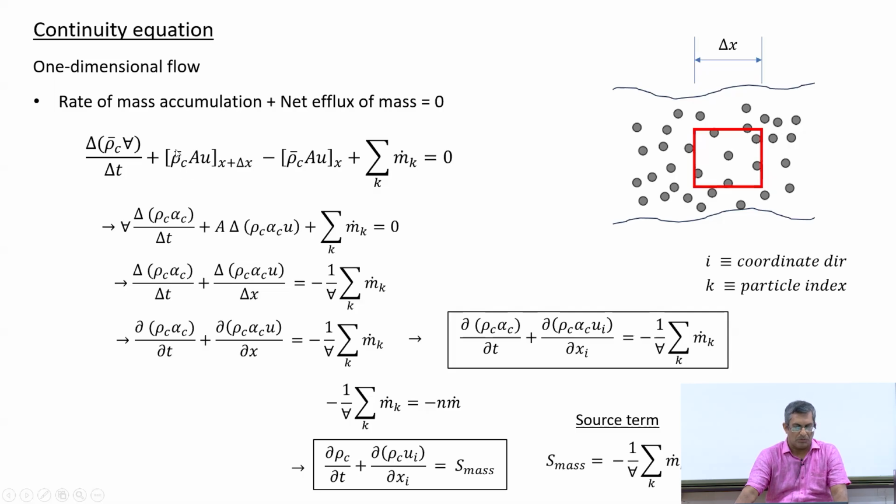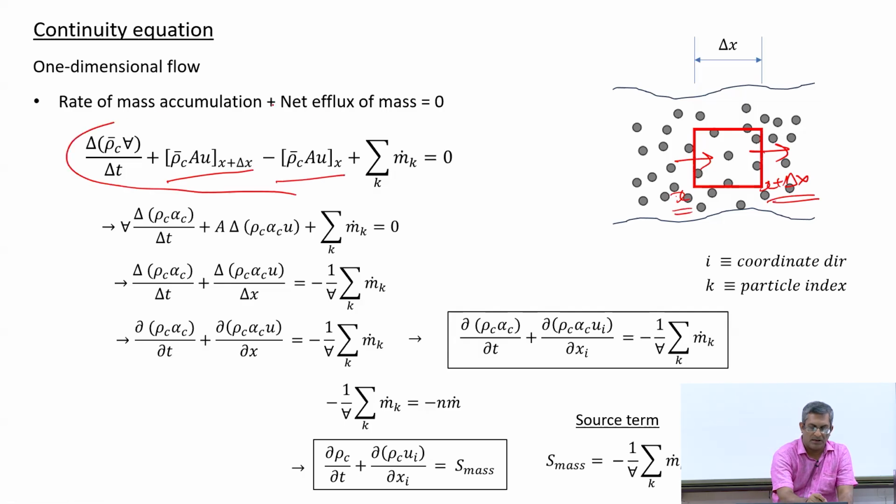So rho, here I am writing bulk density, okay, because this is particle laden flows. So bulk density times the area, area means the projected area, times the velocity here. So this is your x location, this is x plus delta x. So you calculate the mass flow rate at this location minus mass flow rate at this location.